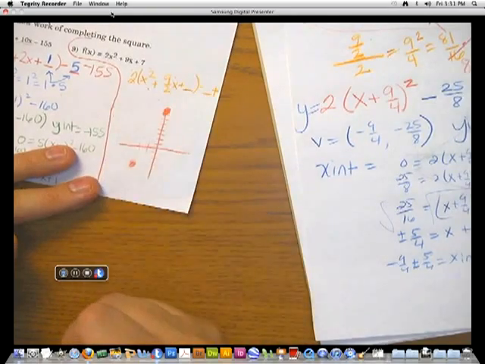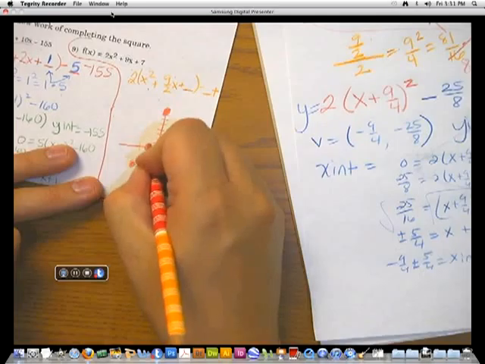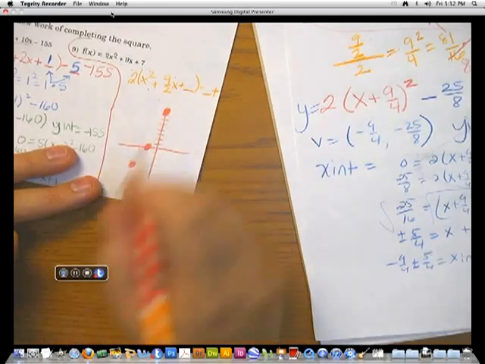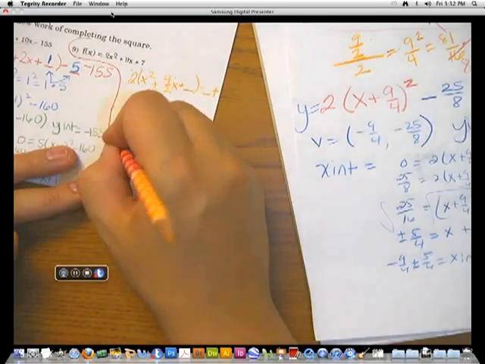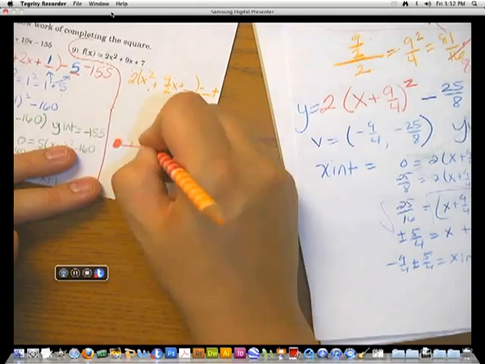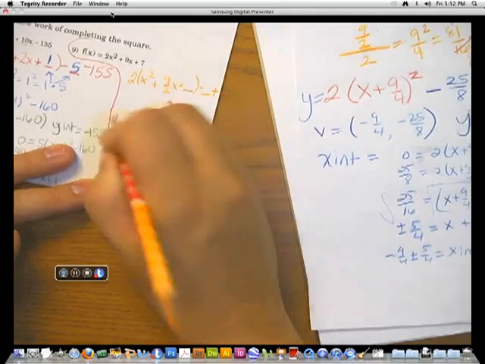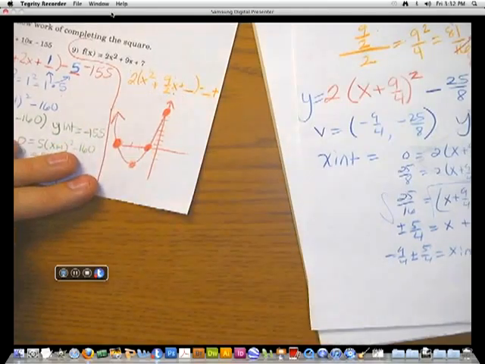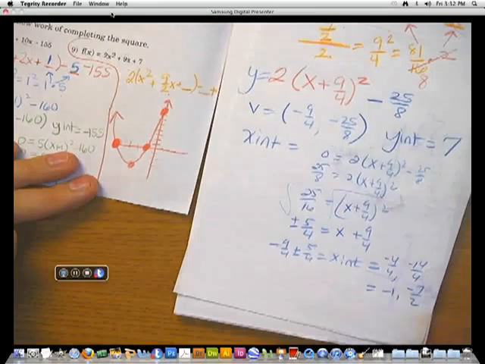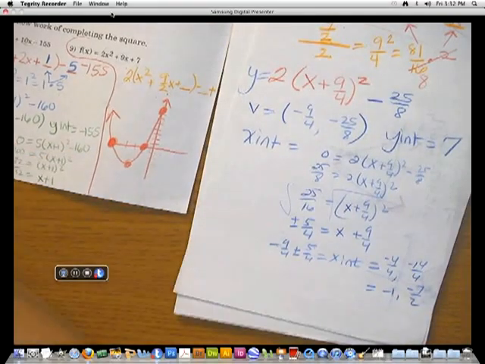And we're going to cross at negative 1 and at negative 3.5. Connect the dots, and there's our parabola containing all of our information. So that is section 2.1.